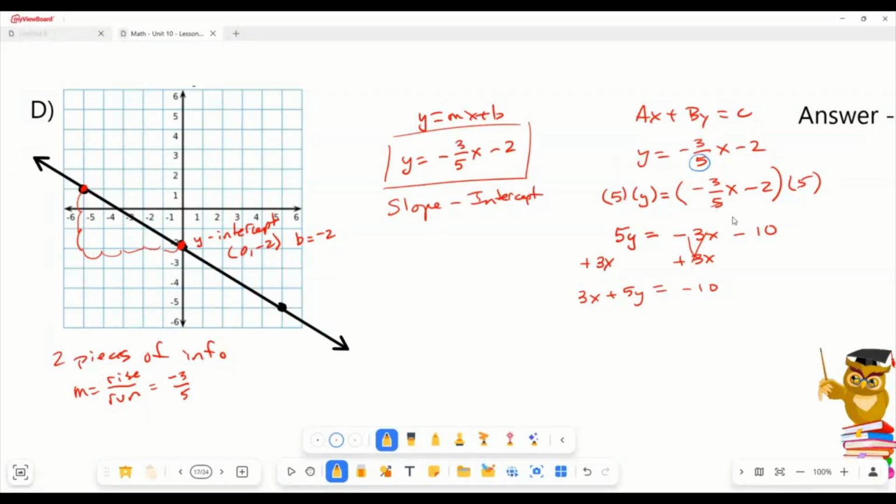The 5s divide out, negative 3x, negative 2 times 5 is negative 10. To get rid of this negative 3x, do the opposite and add 3x. Now we have x and y on the same side. There are no fractions. The x term is positive, so there is no need to multiply by a negative. This is standard form.